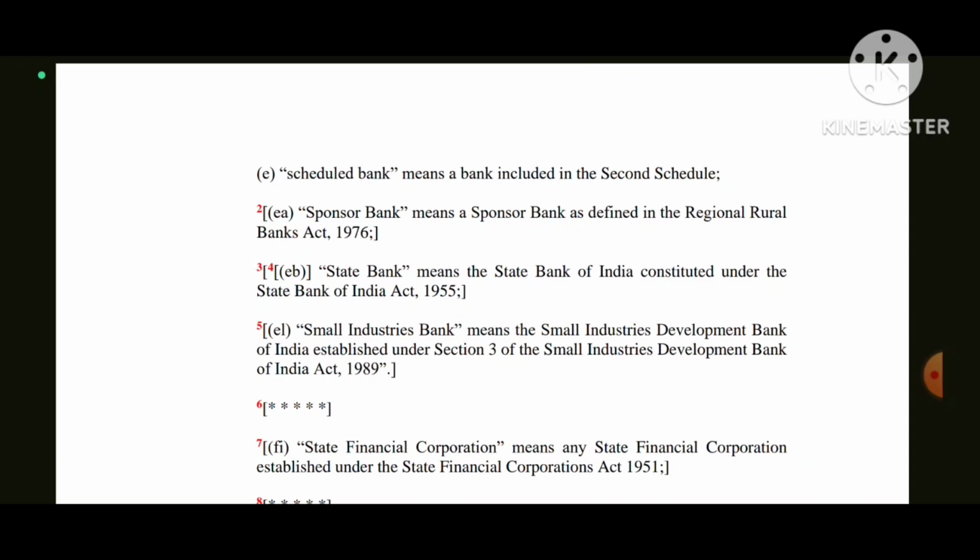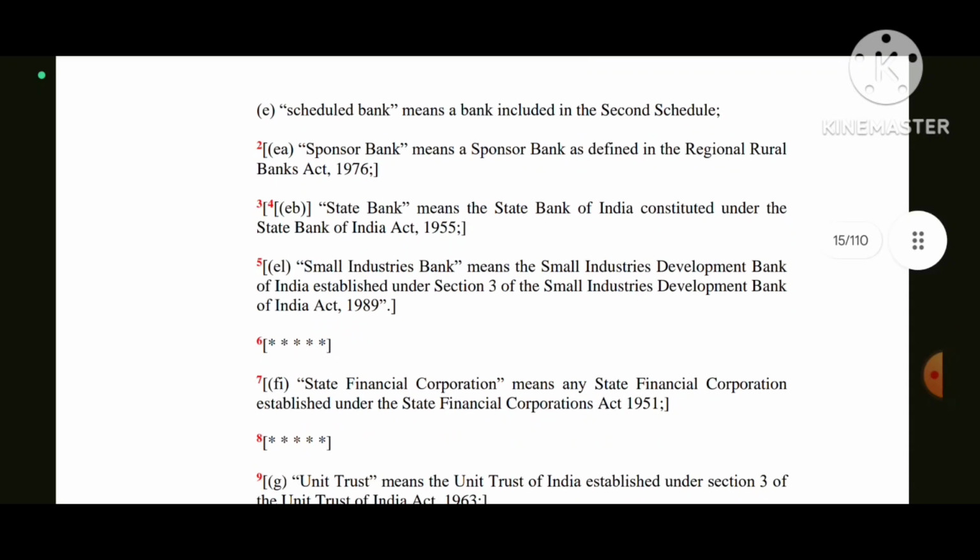Clause E of section 2 is scheduled bank, means a bank included in the second schedule. Next clause is EA, sponsor bank, means a sponsor bank as defined in the Regional Rural Bank Act 1976.